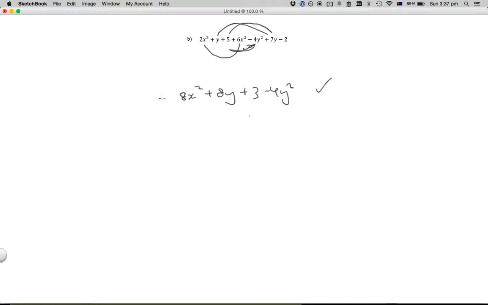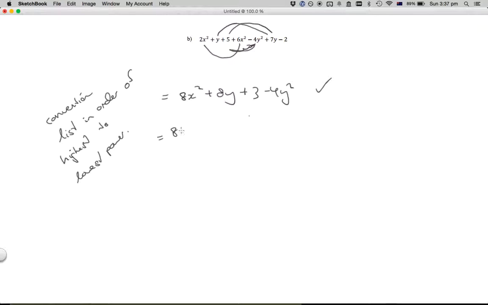So that's correct. But the convention, again, is to list in order of highest to lowest power.